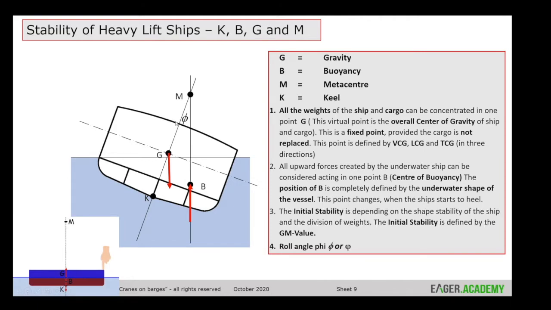And then we have this metacenter height, which is a measure for the initial stability of the vessel with the rolling angle phi. And this whole system gives you a way to evaluate the stability of the ship.